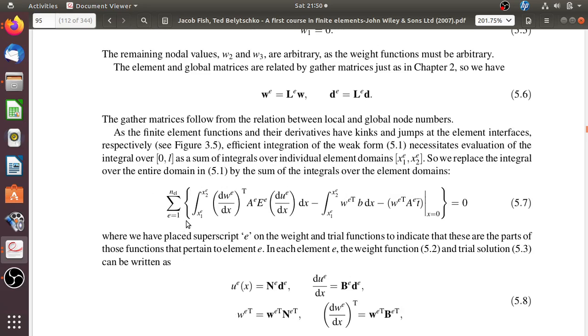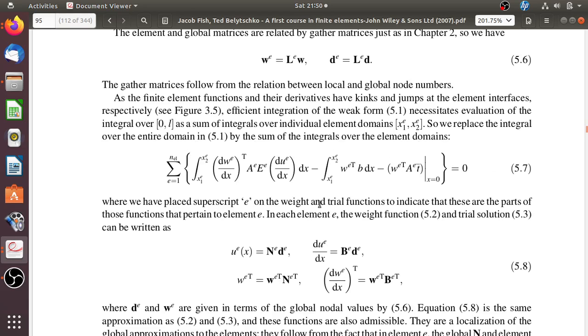In this equation, instead of w I have put we, and instead of u we have put ue. This is valid for a single element, and that has been summed for all the elements. And this total thing has to be equal to 0. That comes from our weak form.